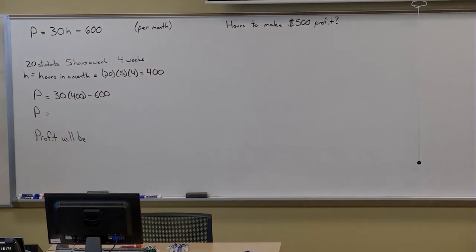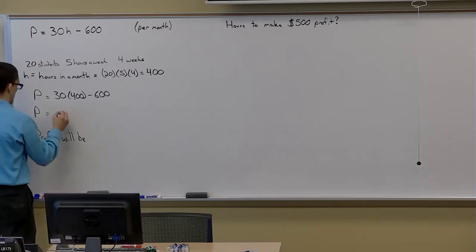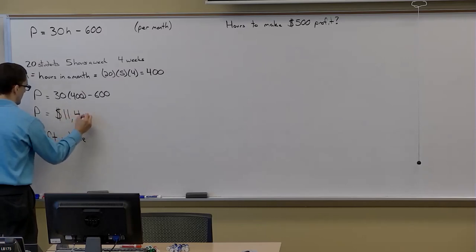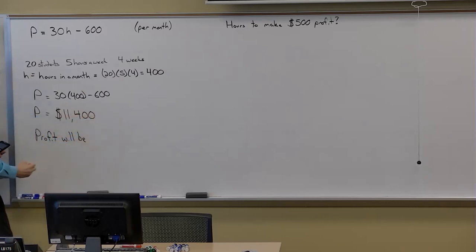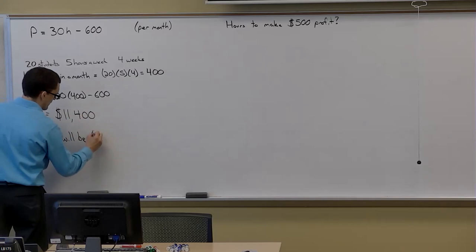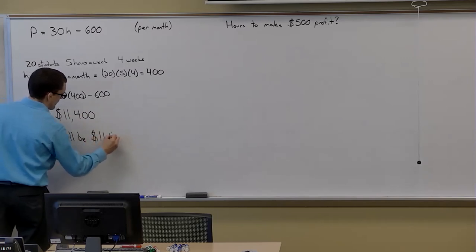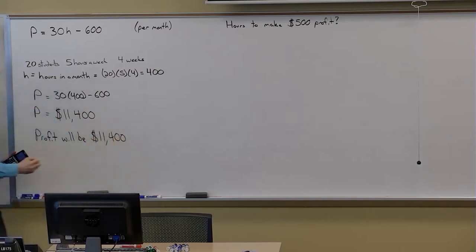When I take 30 times 400 and subtract 600, I get a profit of $11,400 for the month.